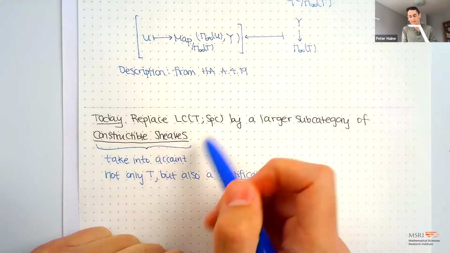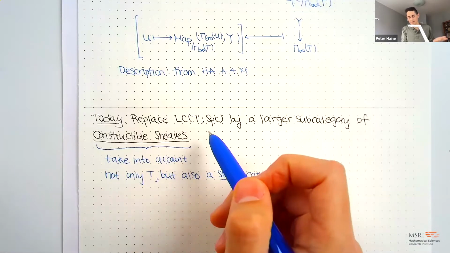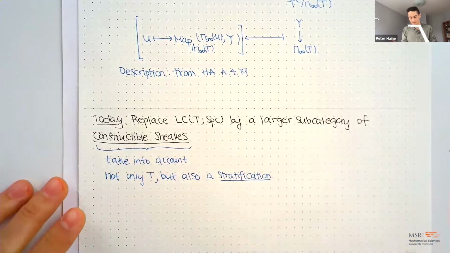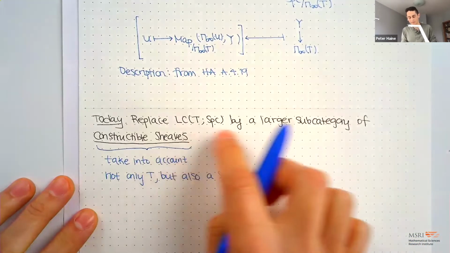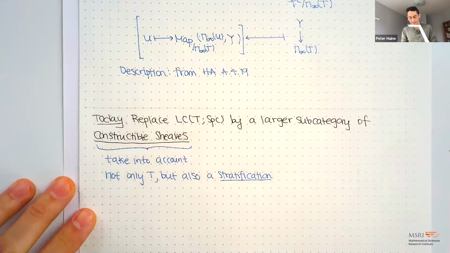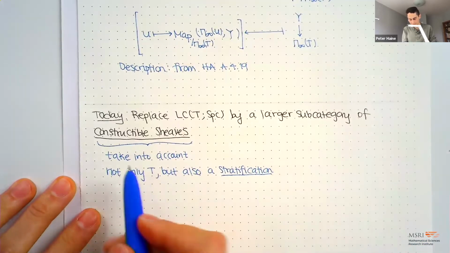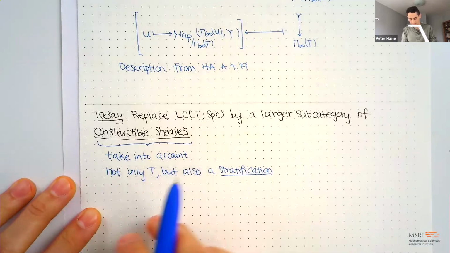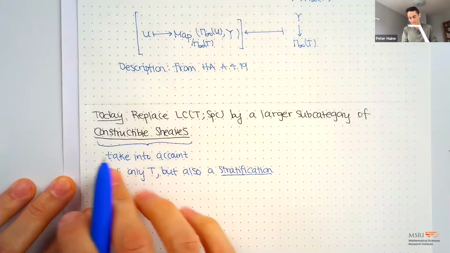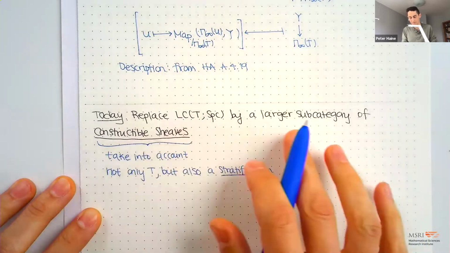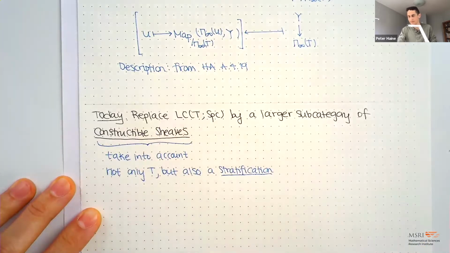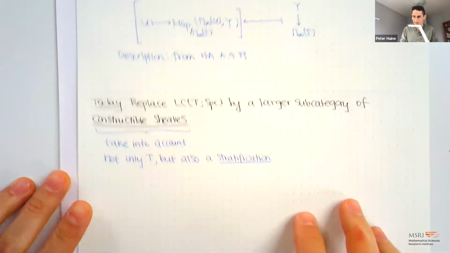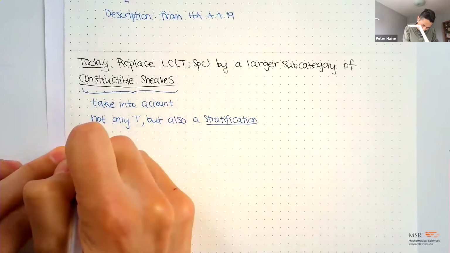If you do extension by 0, then it's 0 on the closed complement, but it's not 0 on the open piece, so it's not going to be locally constant on the big guy usually. So constructible sheaves allow you to enlarge your categories to allow for push forwards, things like this, but we'll get to this in a minute. So here's the outline of what I want to talk about today.